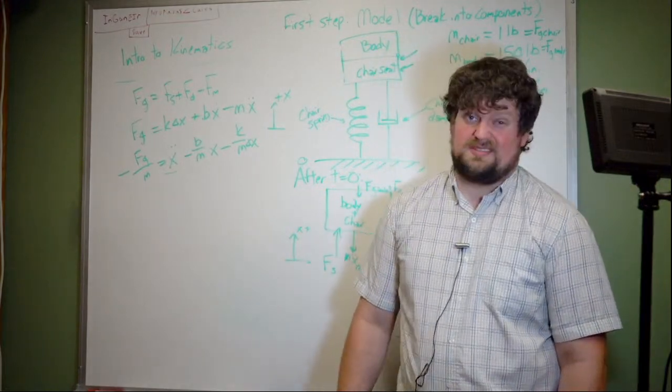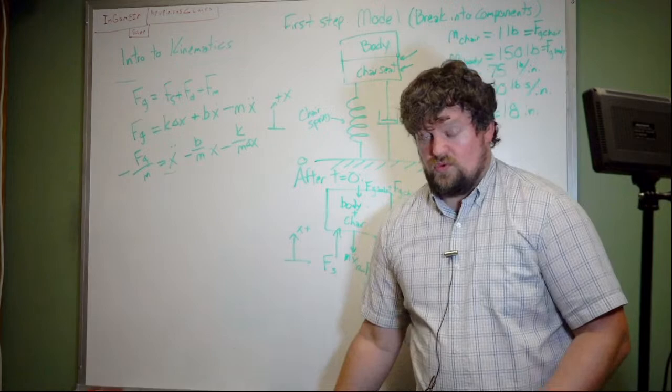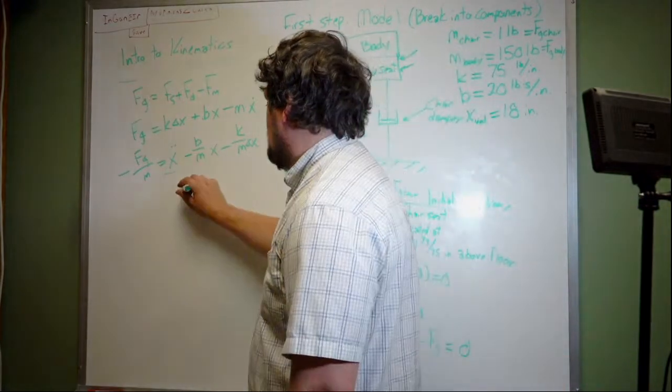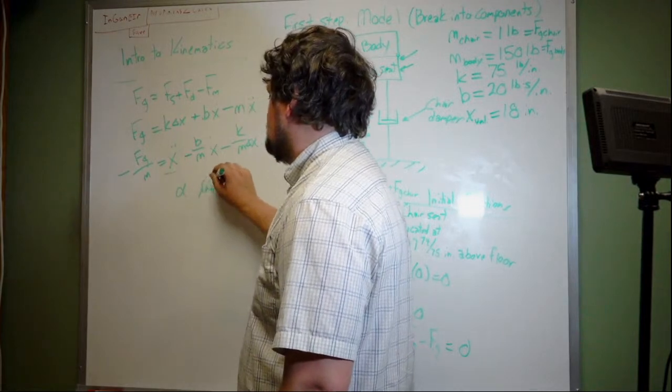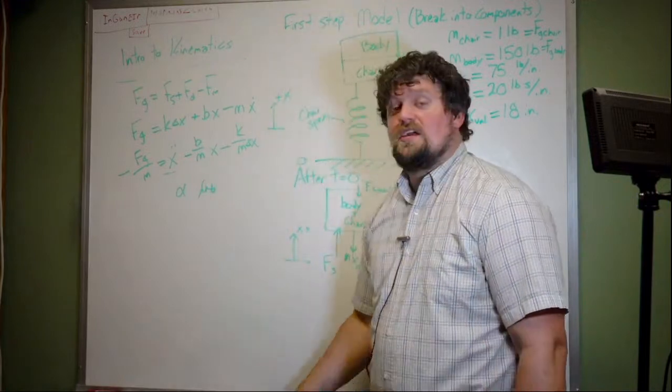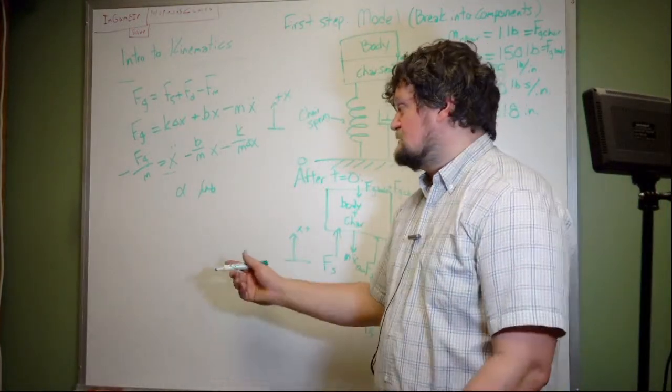So how do we solve this? Well, what we introduced in class was the idea of alpha and omega naught squared. Okay? And we can use that to solve the problem. We're going to be doing the same thing here.